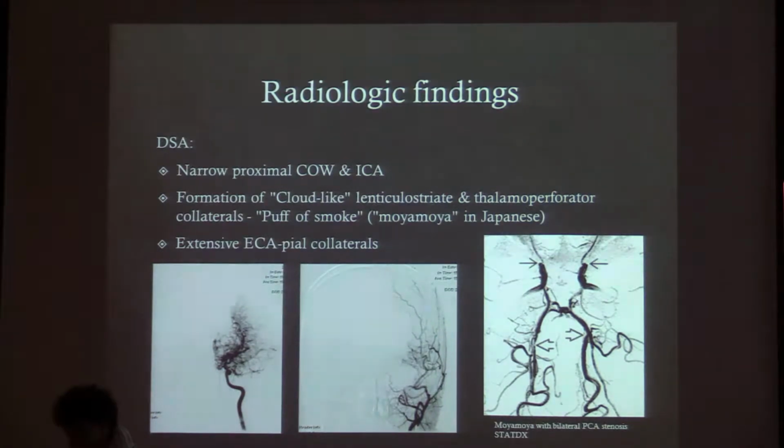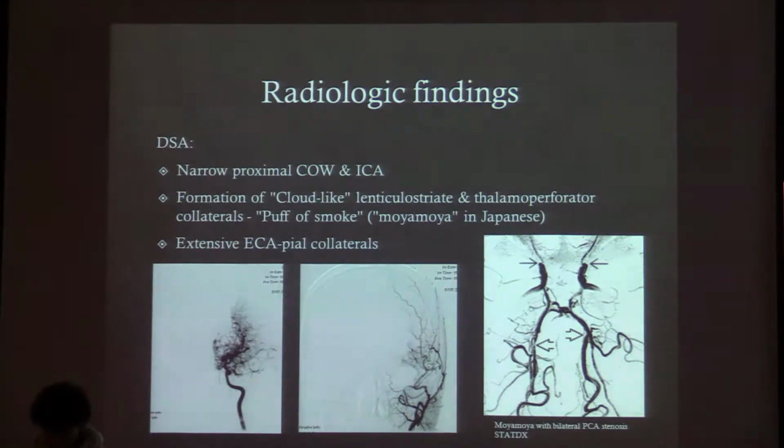On digital subtraction angiography, we could see narrowing of the supraclinoid internal carotid arteries, or in some cases other proximal circle of Willis vessels, and formation of cloud-like collateral vessels which have the appearance of a puff of smoke, hence the name Moyamoya, which means puff of smoke in Japanese. And in later stages we could also see extensive external carotid artery pial collaterals.